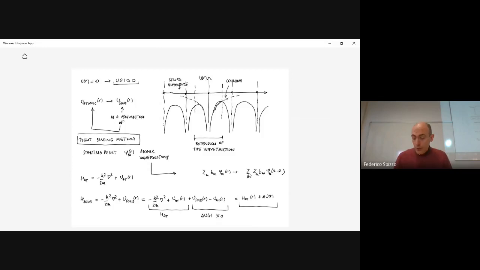So in this case, we have a wave function that is fine for all the ions.